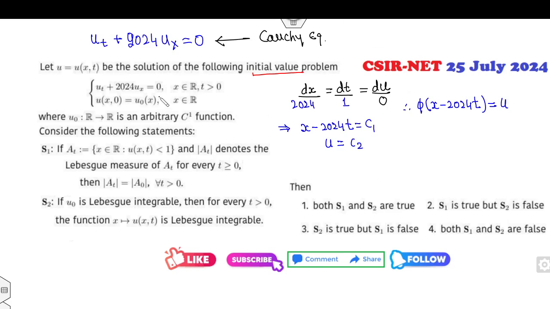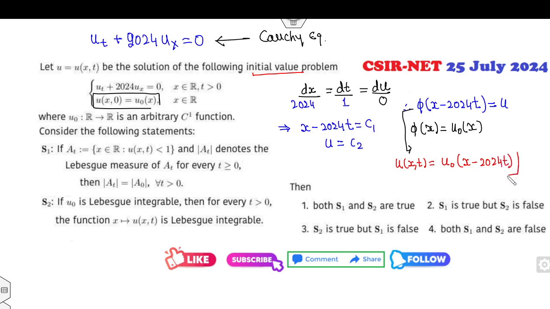Fine. Now apply the initial condition. u(x, 0) is equal to u0 of x. I can substitute this value, and if you remember the same question was already asked in the last year paper, I think in 2022 or 2023. So that is u0 of x minus 2024 t.